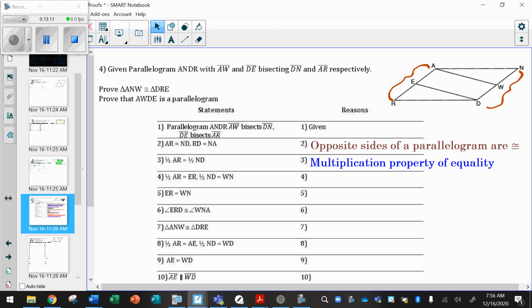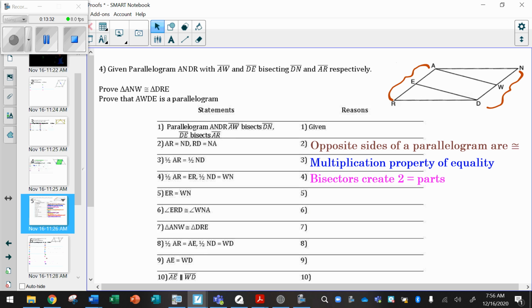All right, now I have 1/2 of AR equals ER. So if you look at the diagram, 1/2 of AR equals ER. And then 1/2 of ND equals WN. And how do we know that? Well, because it's a bisector.